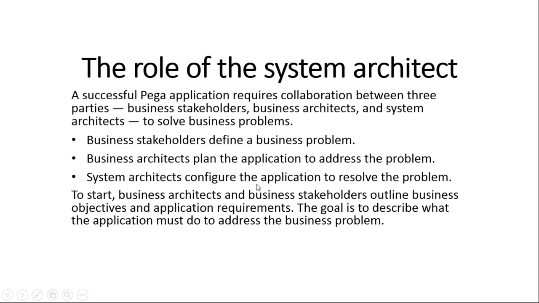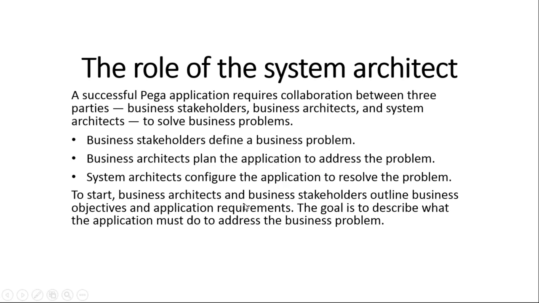System architects configure the application to resolve the problem. So first the business stakeholders define the business problem, and then the business analyst addresses the problem, and the system architect develops the application for the given problem.